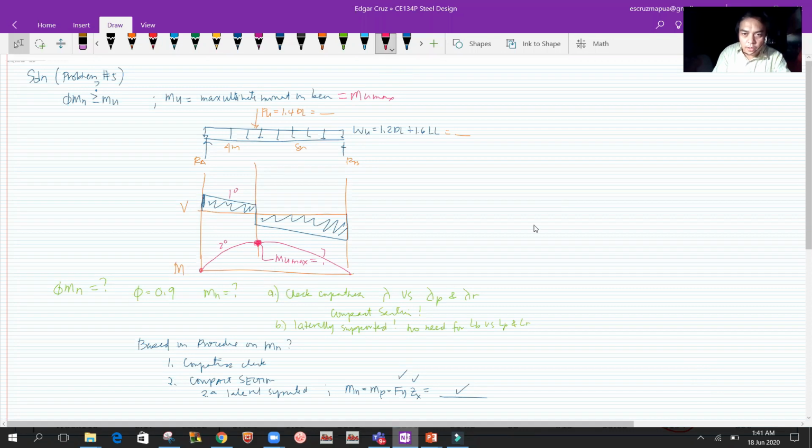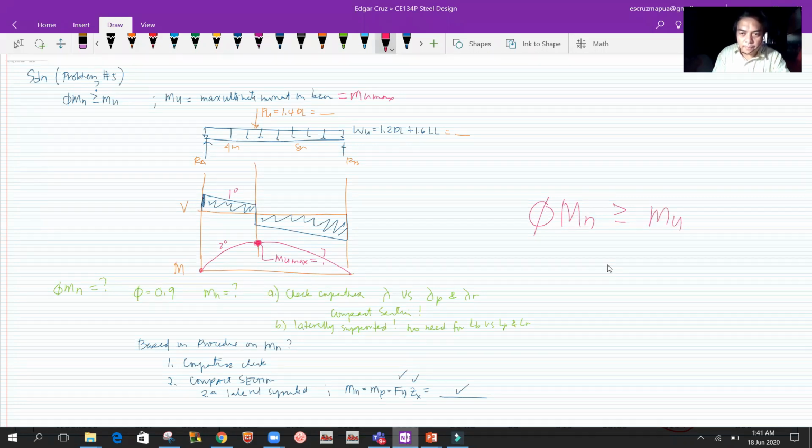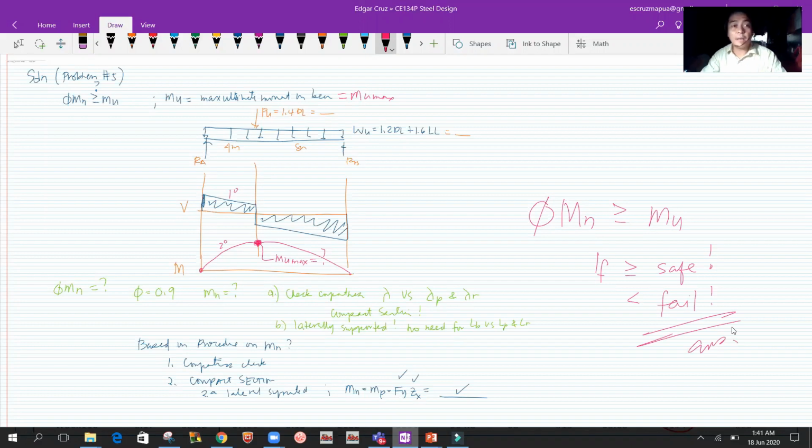So you could know now if the phi MN is greater than the MU. So if greater than or equal, so safe siya. Okay, pagka less than, fail naman yung beam mo. So that is how to solve this type of problem, number 5, based on flexure.